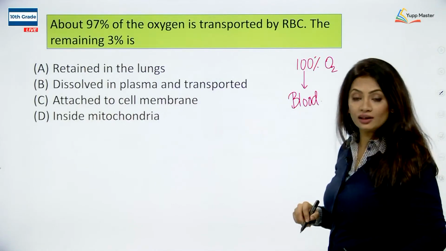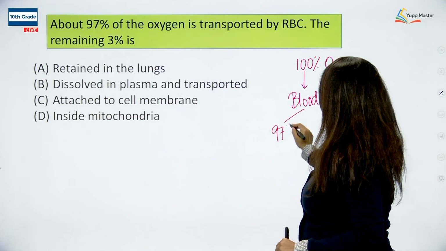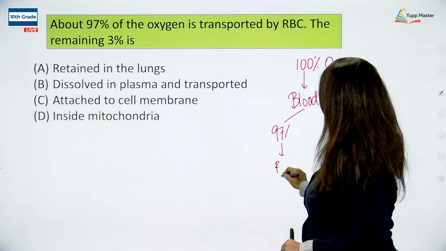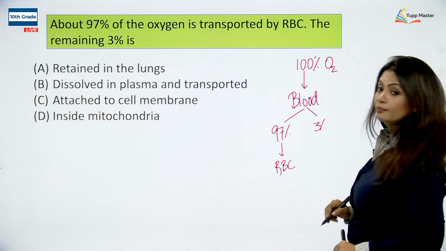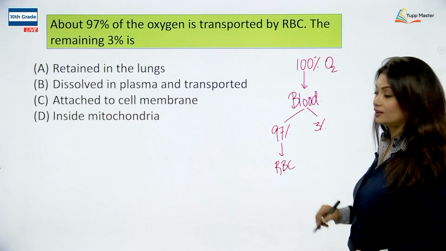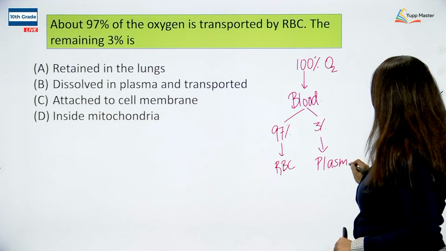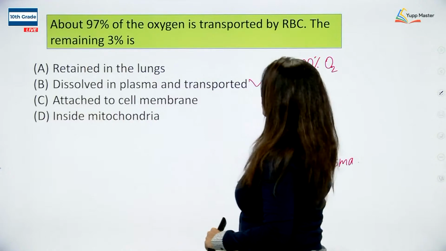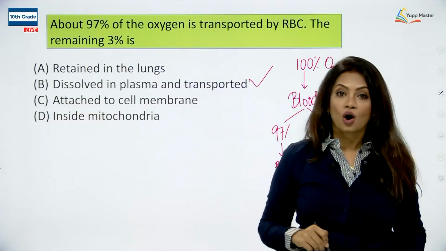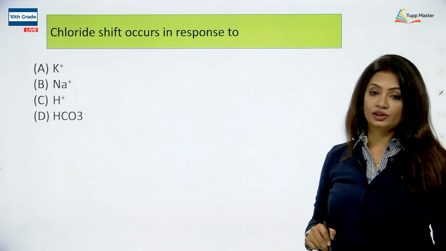Okay, when it enters into the blood, around 97% is taken up by RBCs, whereas 3% remains in the liquid part of blood, and the liquid part of blood is called plasma. So, plasma is the liquid part of blood and that is what is carrying the remaining 3% of oxygen to the whole body parts.